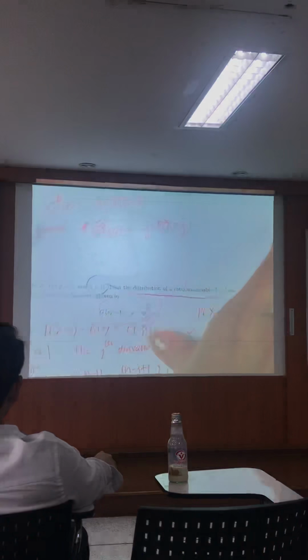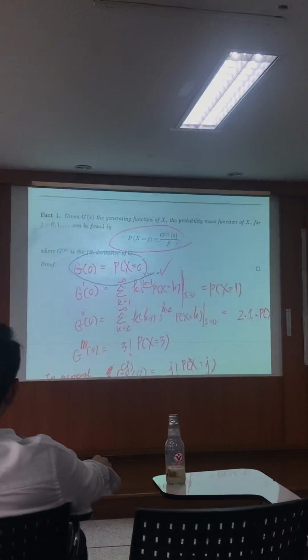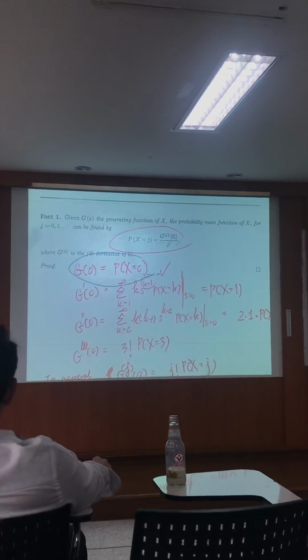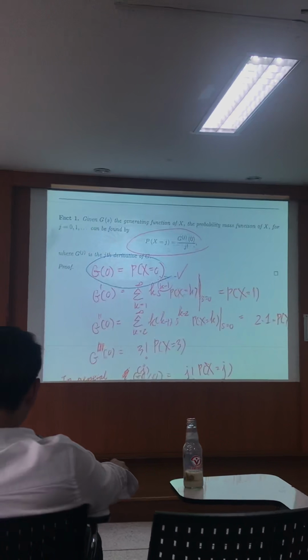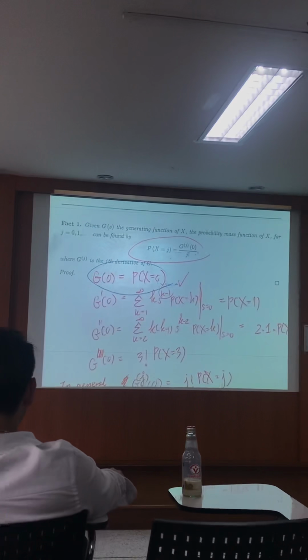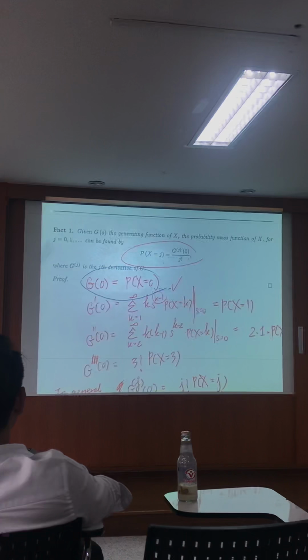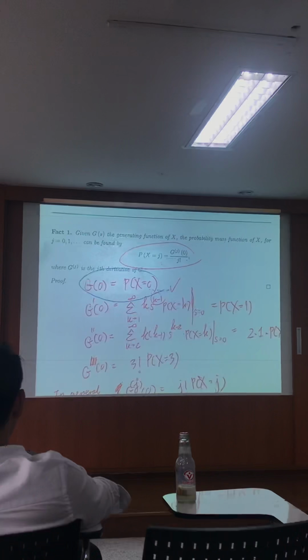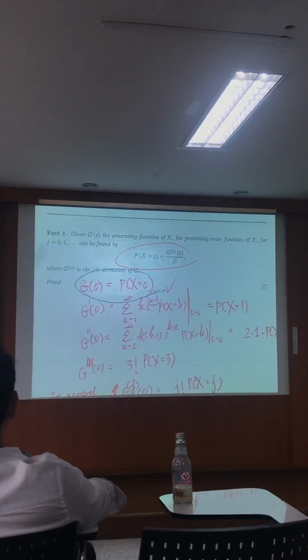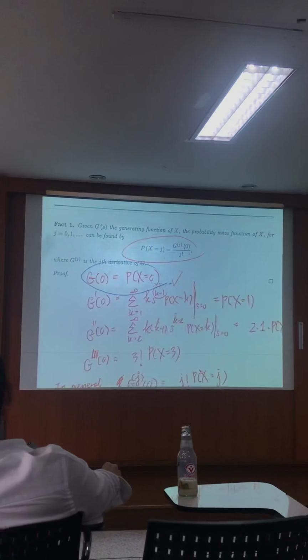Page 8. It's the converse. So if I give you the PGF G, then you can find the PMF of X by calculating this. If you want to know whether X is j, what do you do? Differentiate j times, plug in 0, divided by j factorial.